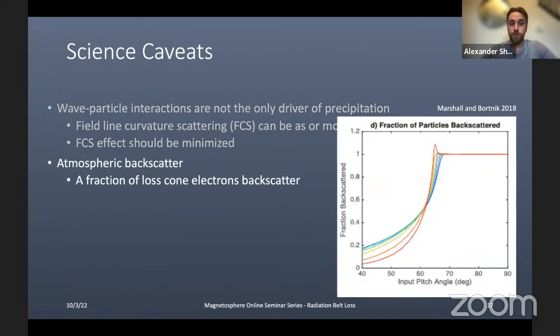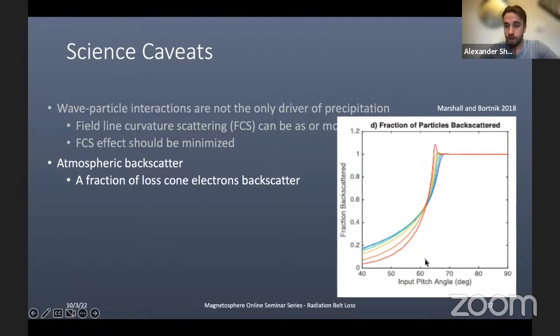Another thing we need to consider is atmospheric backscatter: a fraction of loss cone electrons don't actually deposit their energy on their first bounce, but backscatter, and it might take a couple of bounces before they do. Here's a plot by Marshall and Bortnick in 2018, showing, as a function of input pitch angle, the fraction that were backscattered in Monte Carlo test particle simulations.